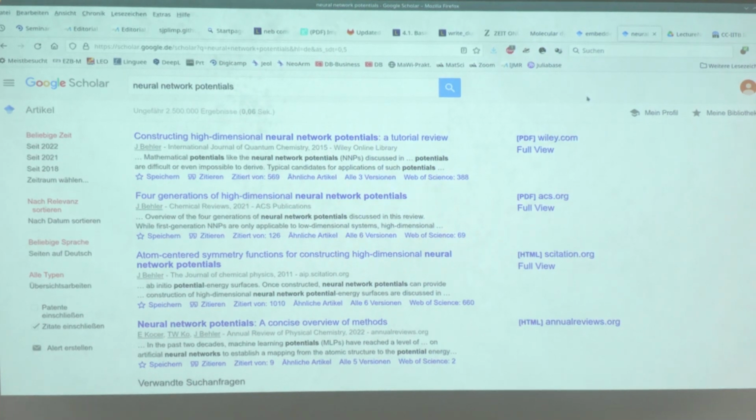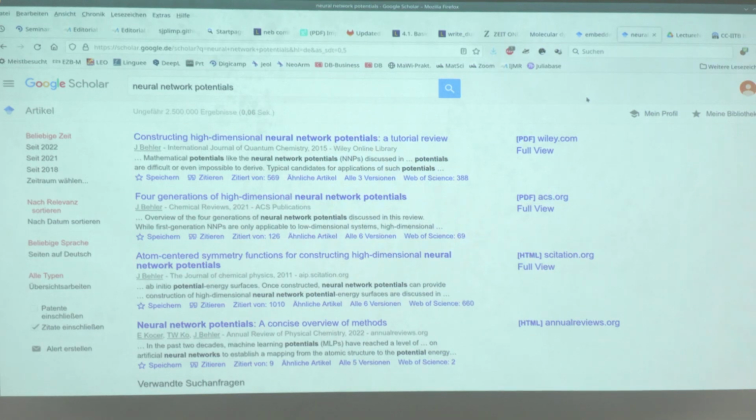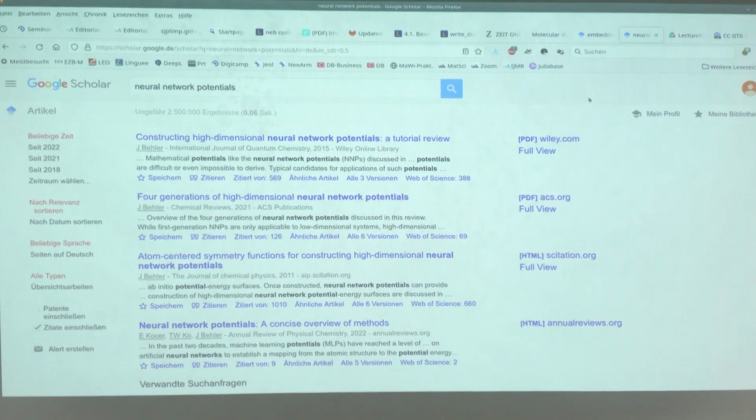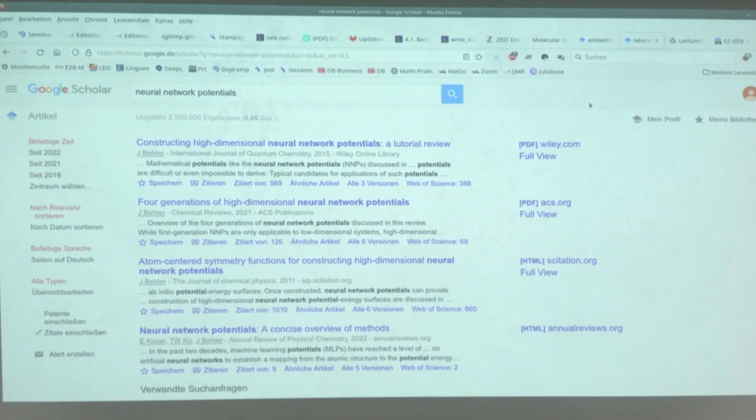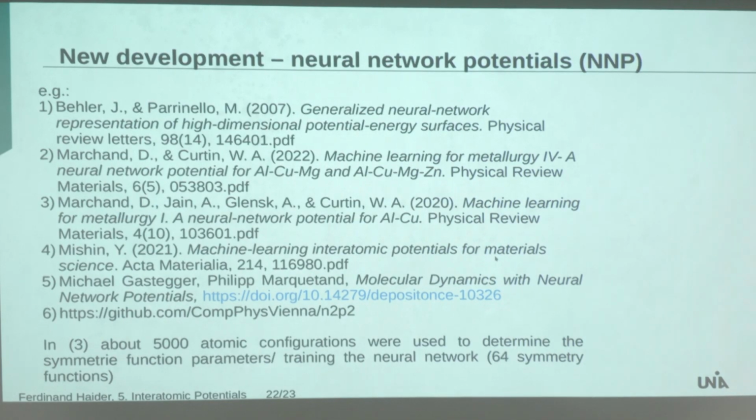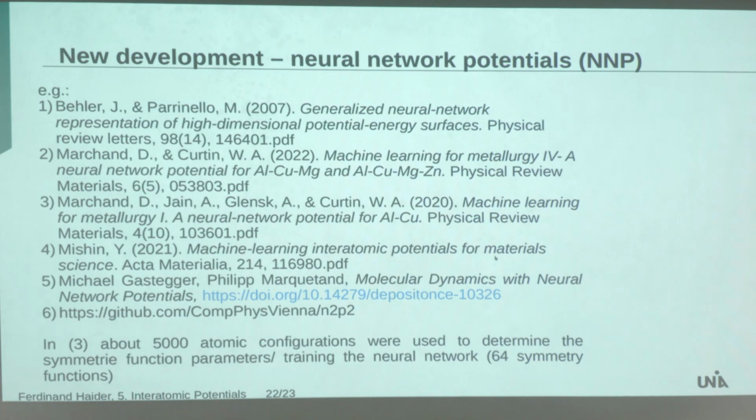So anything which has this term, artificial intelligence, neural network, and so on. But it is a powerful method, I would say. One has to be aware also of restrictions, but we'll see. Here I give some key references. It started already 15 years ago, 2007, but I think the real applications came up in the early 2020s or so.